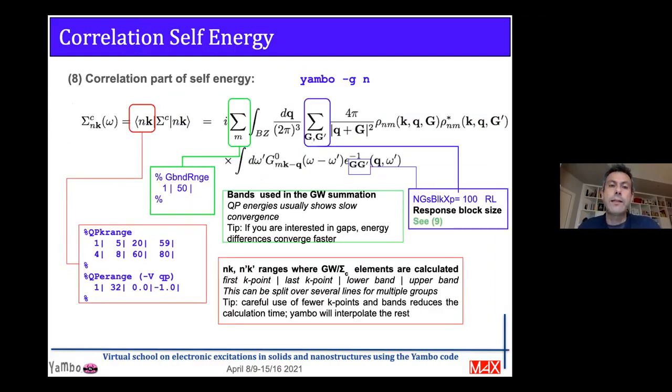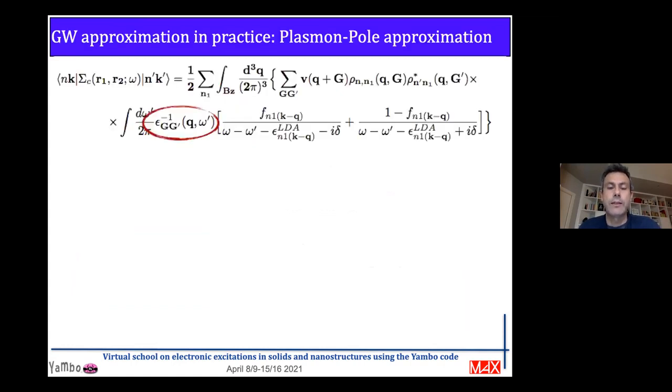For the correlation part, we also have the unoccupied states, and we have epsilon minus 1, the dielectric matrix, and we have to converge its dimension, the block size.